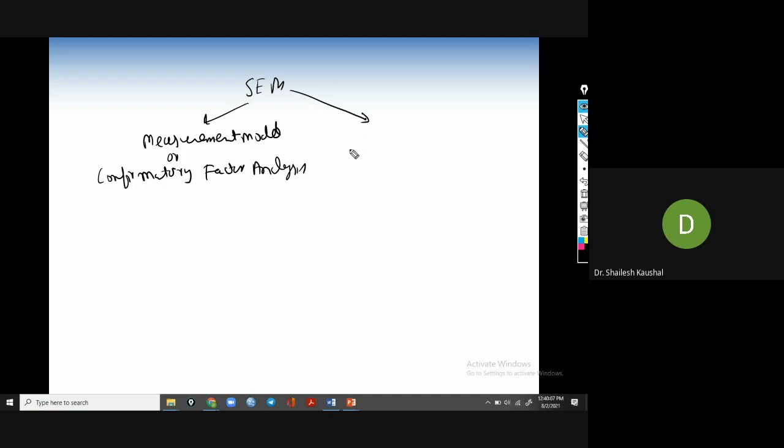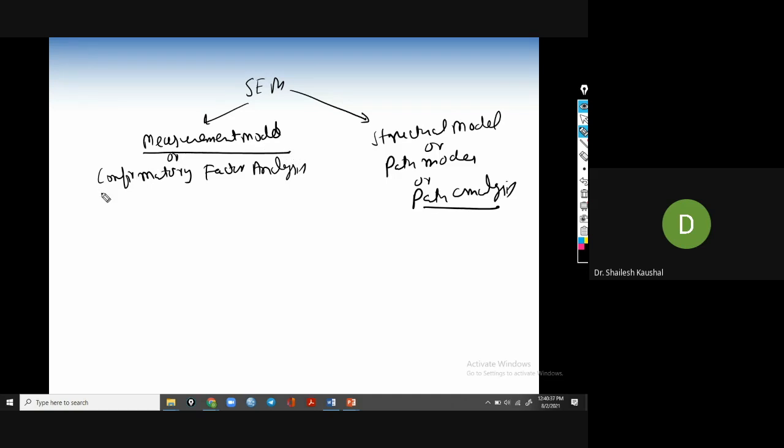And another is the structural model, or the path model, or path analysis. First of all, we find the validity of the measurement model, and then the structural model. Structural model means the relationship of the exogenous variables with the endogenous variables.